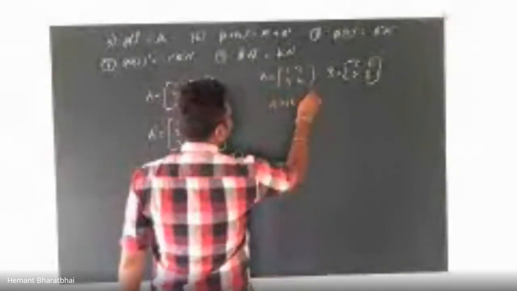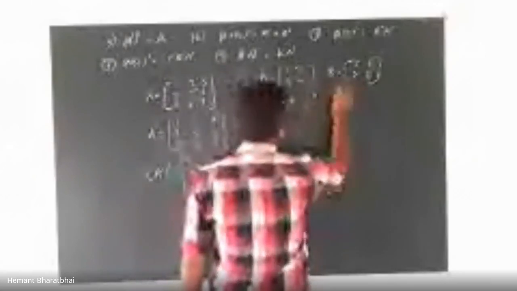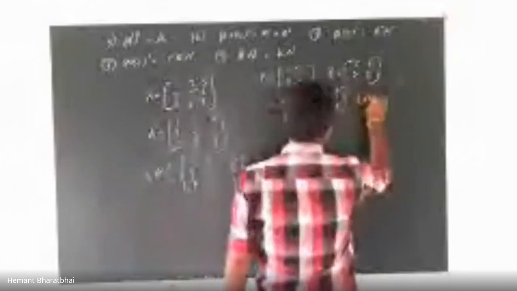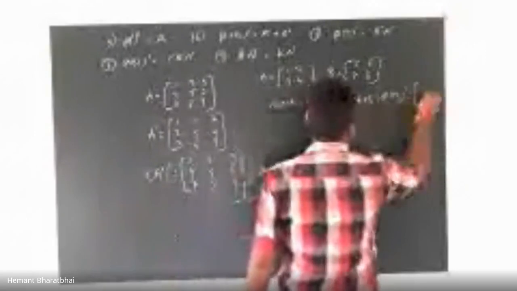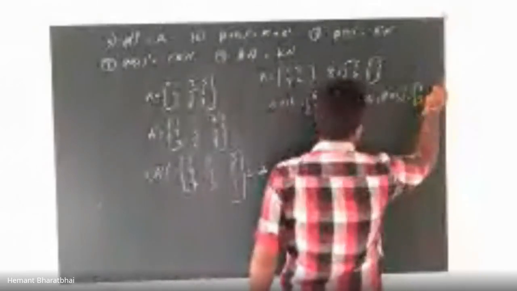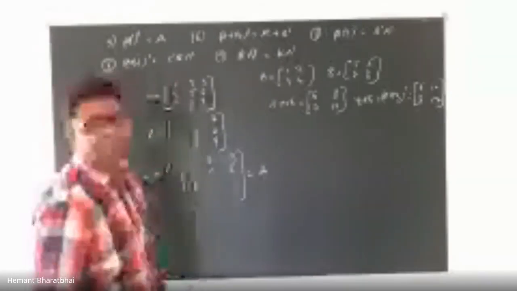So matrix A plus B: 1 plus 5 is 6, 6 plus 2 is 8, 7 plus 3 is 10, 4 plus 8 is 12. Therefore, my LHS, which is nothing but A plus B, the whole transpose: rows will become columns, columns will become rows, the 6, 8 will become a column, 10, 12 will also become a column. This is A plus B, the whole transpose.